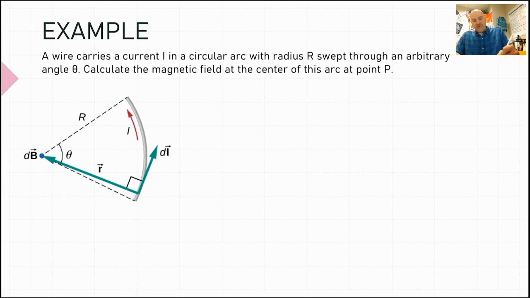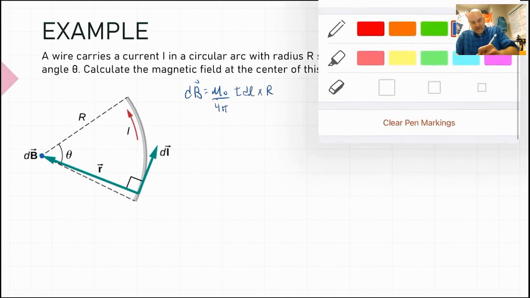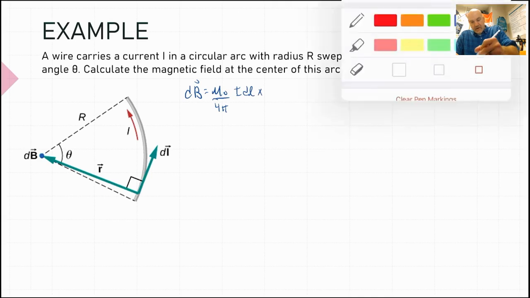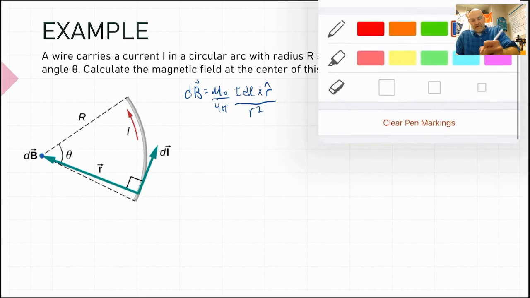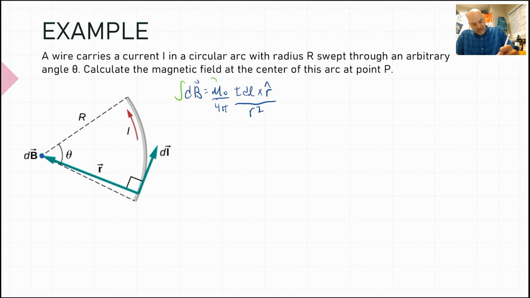Okay, so we always start with Biot-Savart. So dB equals mu 0 over 4 pi, I dl cross r hat, divided by r squared, right? And so for me to get B by itself, we'll take the integral.